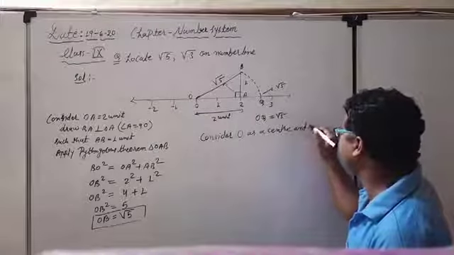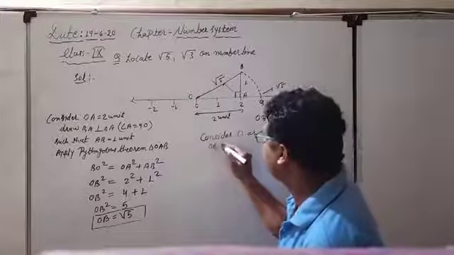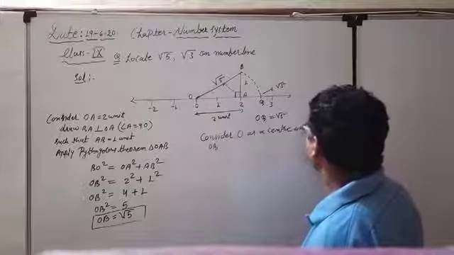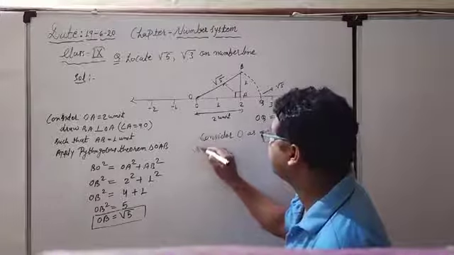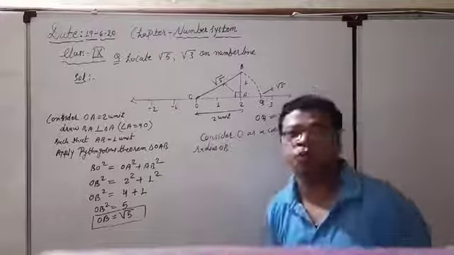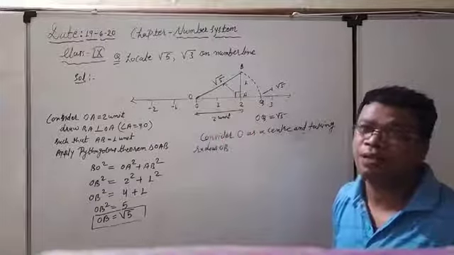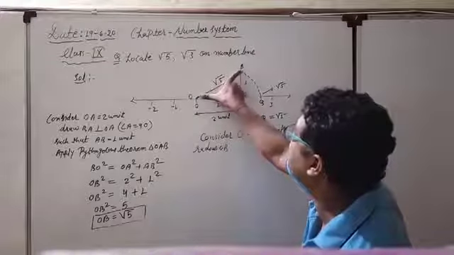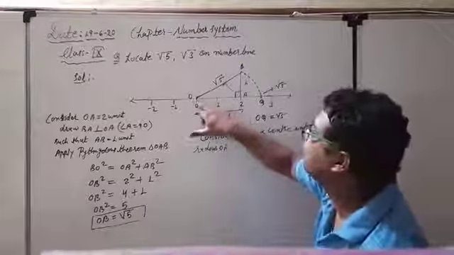And the radius we have to take is OB. Taking radius OB, we have to just extend our compass so that it is equal to OB.